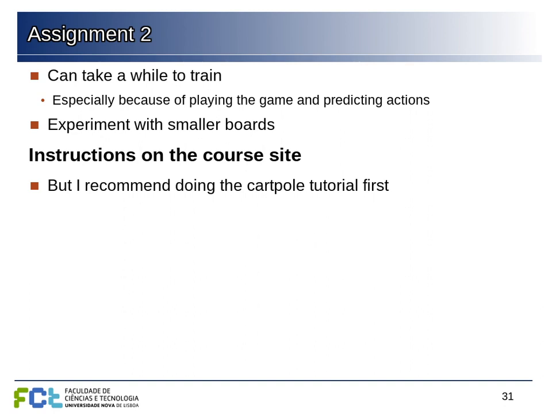You have the instructions on the course site and the code, but in any case I recommend that you do the cart pole example first, because even though the snake game is not on the gym, the output is similar to the one on the gym. So if you follow the cart pole tutorial, you already have a base for code that works in a similar way before you move on to the snake phase.